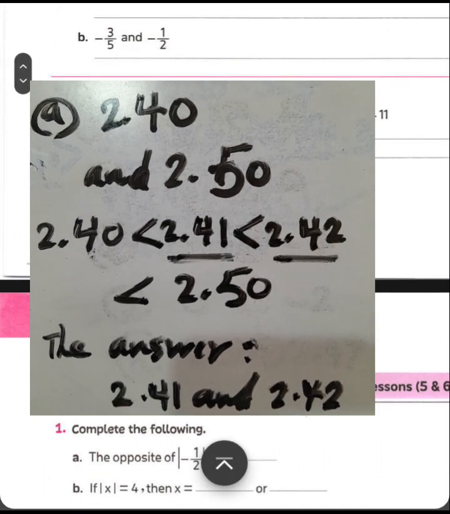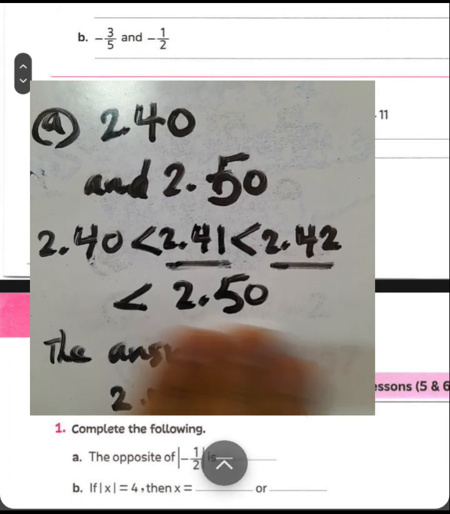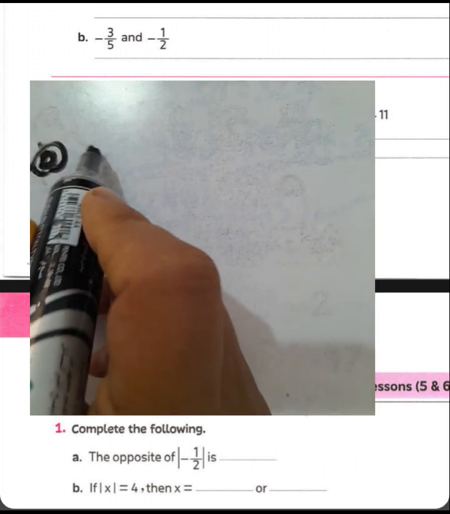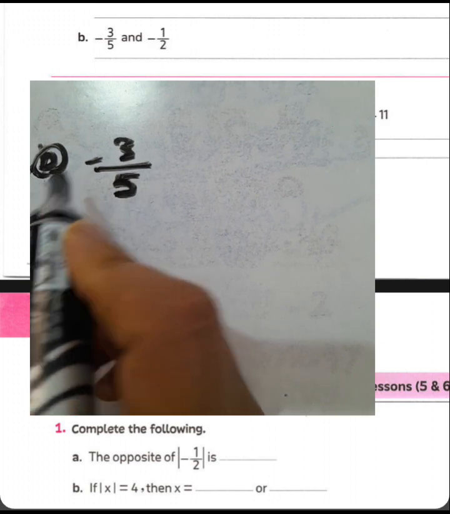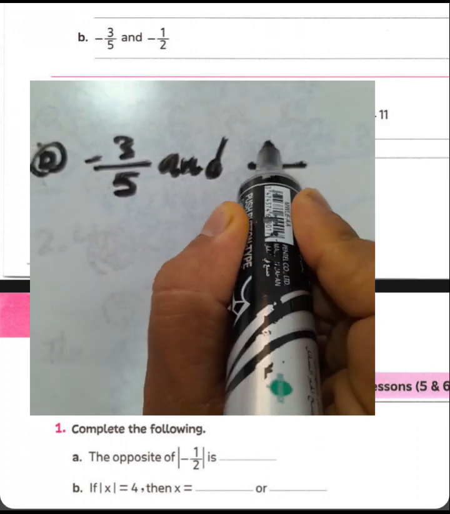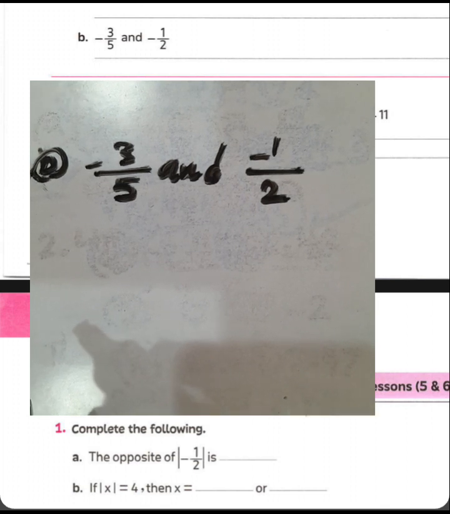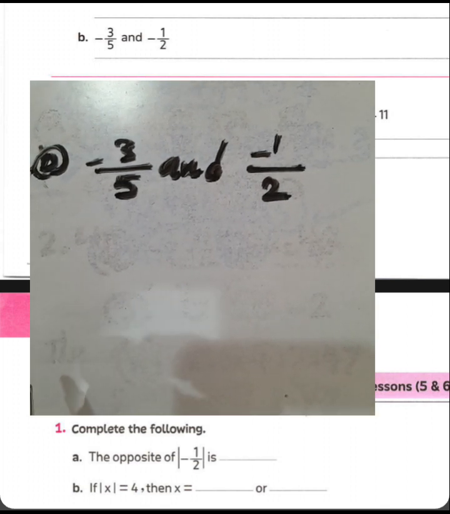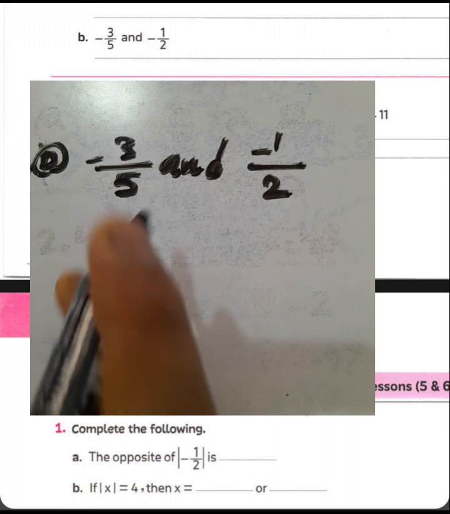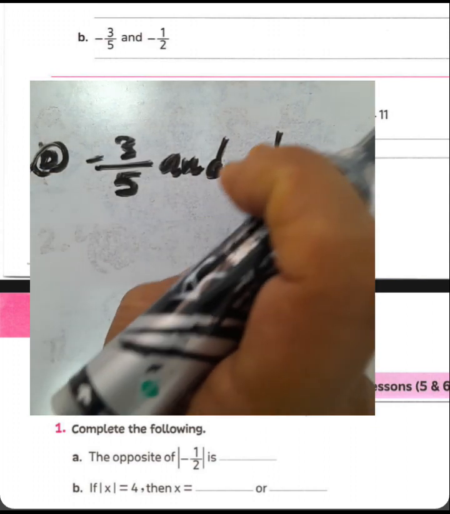Question letter B, you want to find two rational numbers between negative 3 over 5 and negative 1 over 2. In this example, we can find a lot of rational numbers between them.